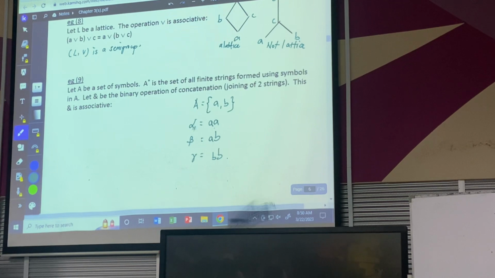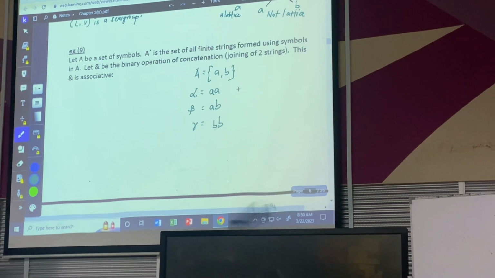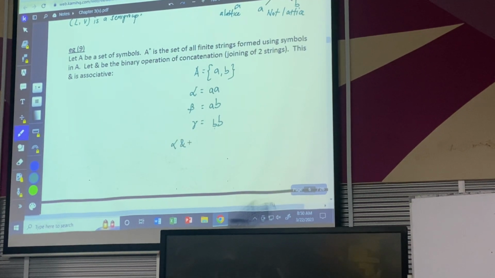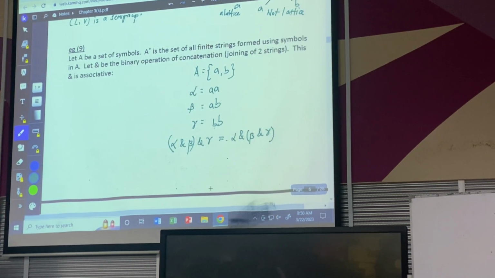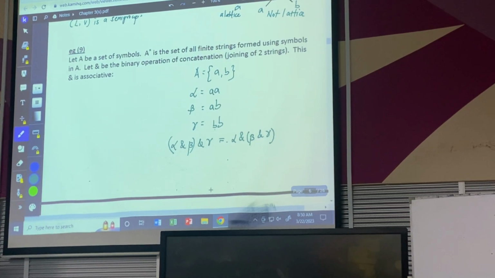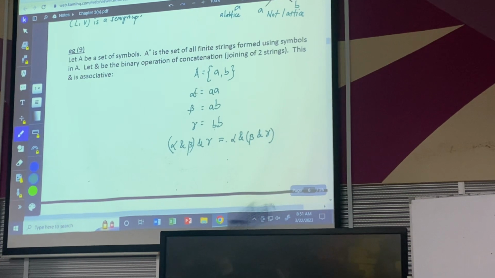And I want to determine is this associative or not. Do you think the joining of the string is associative? Let's say I want to join alpha and beta and gamma together. I do these two first. Is it the same with alpha, with beta and gamma first? Answer same or not? We try to solve using the one I give here.